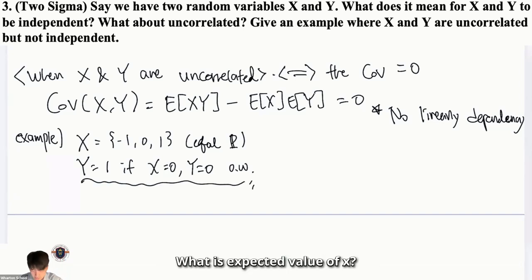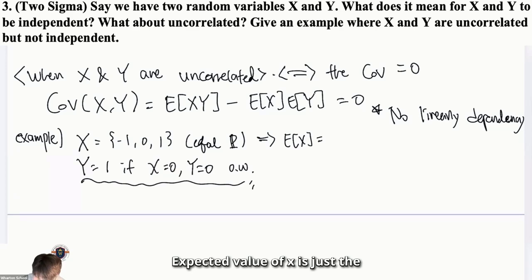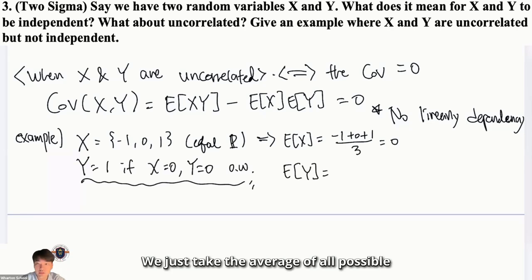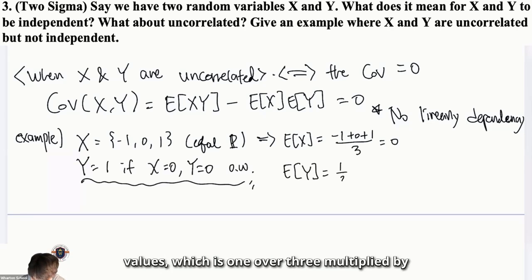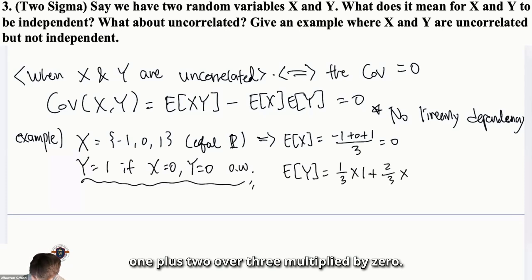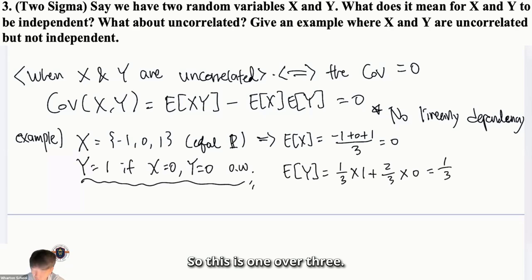Here, what is the expected value of x? The expected value of x is just the average of all the possible outcomes, so this is automatically 0. What is the expected value of y? We just take the average of all possible values, which is 1/3 multiplied by 1 plus 2/3 multiplied by 0. So this is 1/3. And what is their covariance?